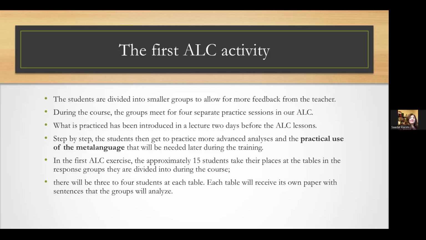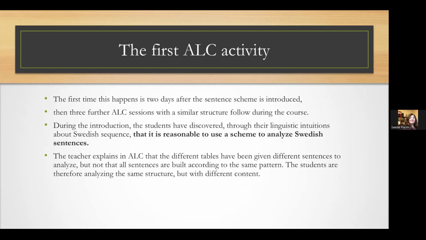Each table will receive its own paper with sentences that the groups will analyze. The first time this happens is 2 days after the sentence scheme is introduced. Then 3 further ALC sessions with a similar structure follow during the course.